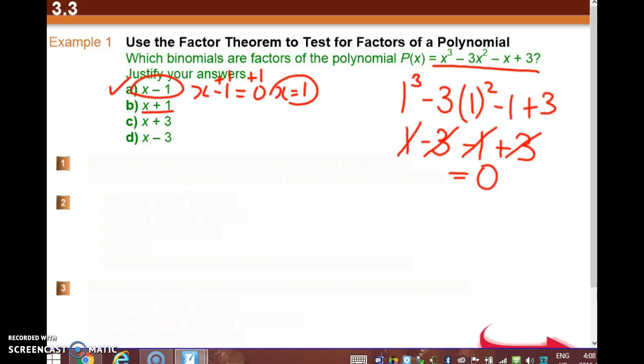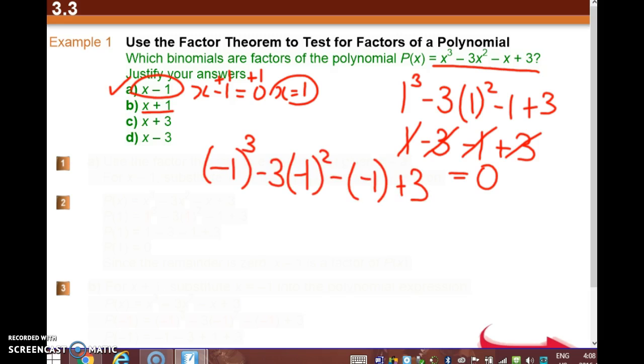Let's try x plus 1. So what we would be putting in is the opposite. So we'll be putting a negative 1 into our equation. Okay, so if we're putting a negative 1 in, negative 1 times negative 1 times negative 1 is negative 1.